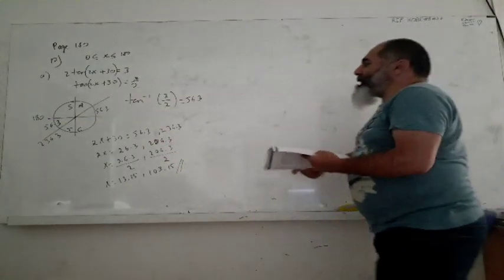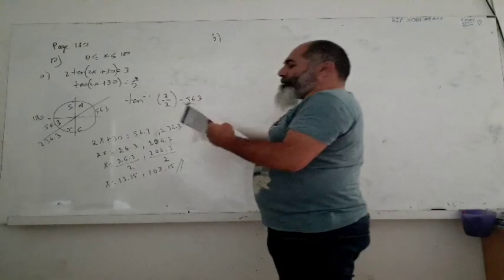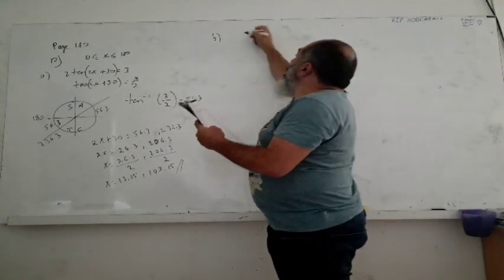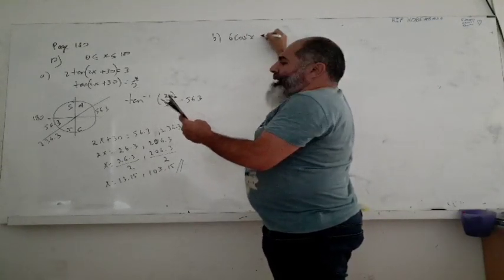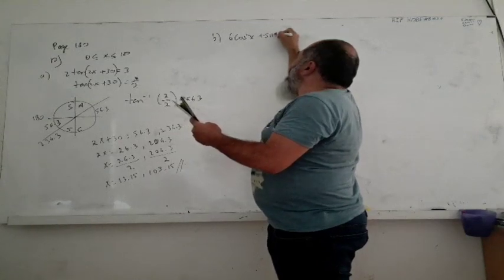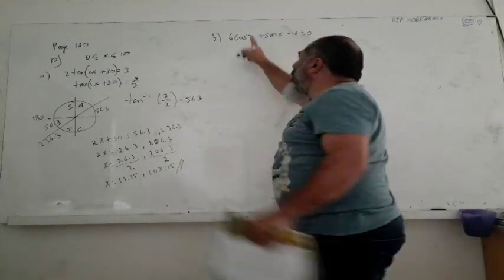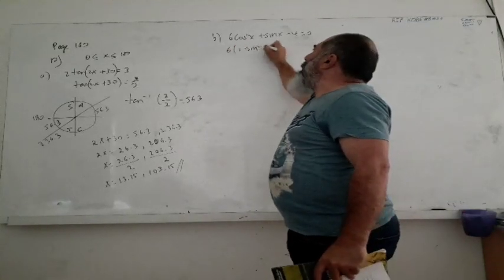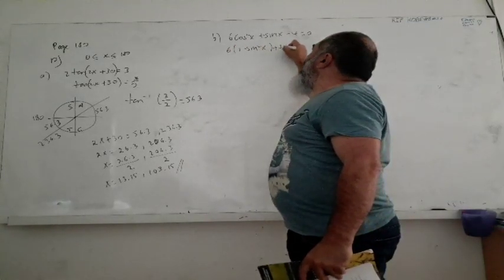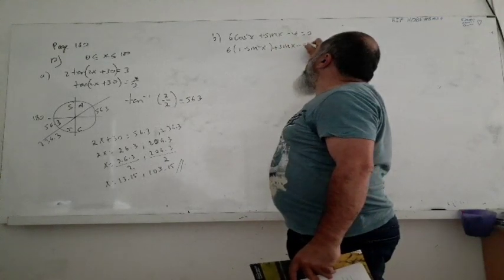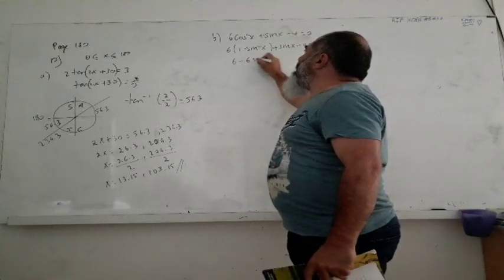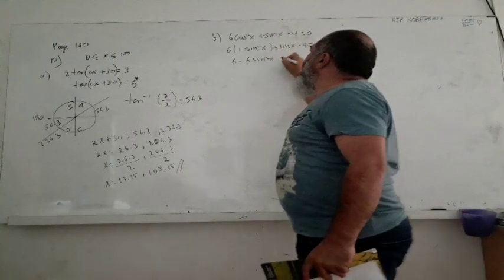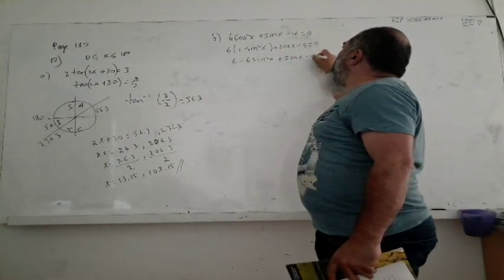Let's read question 10, part B. 6 cosine square x plus sine x minus 4 is equal to 0. In place of cosine square, I am going to write 1 minus sine square x: 6 times (1 minus sine square x) plus sine x minus 4 is equal to 0. 6 minus 6 sine square x plus sine x minus 4 is equal to 0.